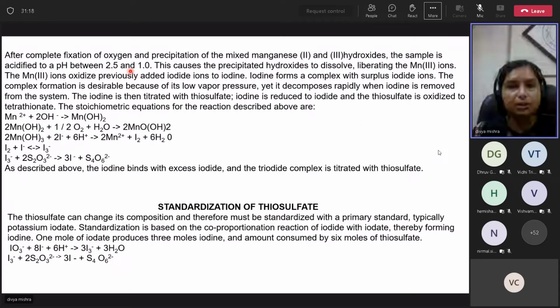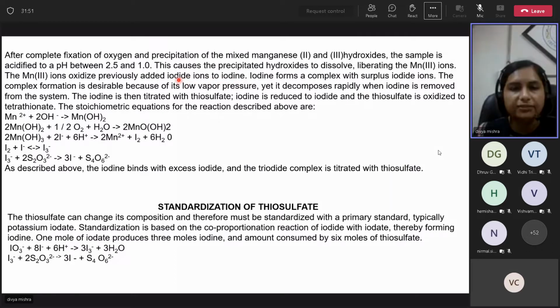So your oxygen is fixed when your MnO2 is precipitated. Then you are fixing it by acidifying the solution to a pH between 2.5 and 1 by adding acid. Then your precipitate is dissolved, and your liberated Mn plus 4 or Mn plus 3 ion will oxidize the previously added iodide ions to iodine.